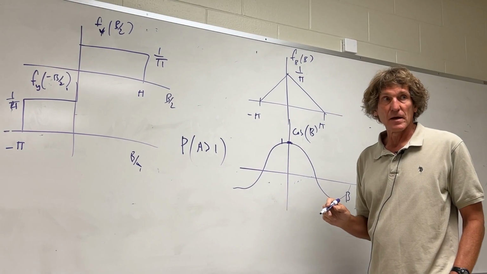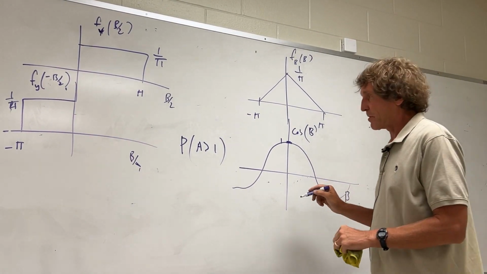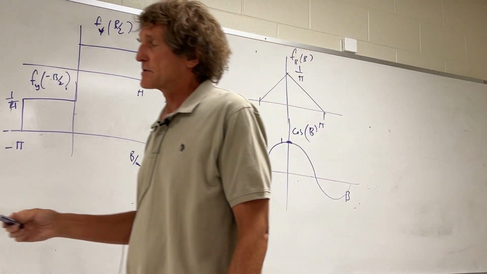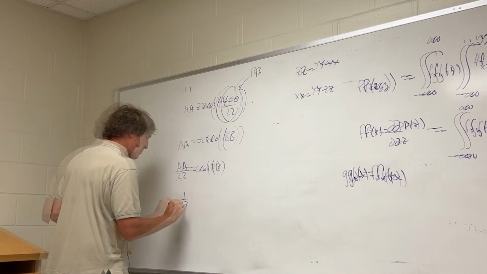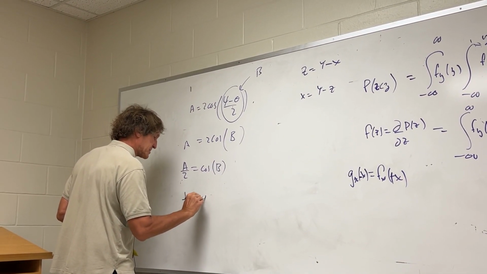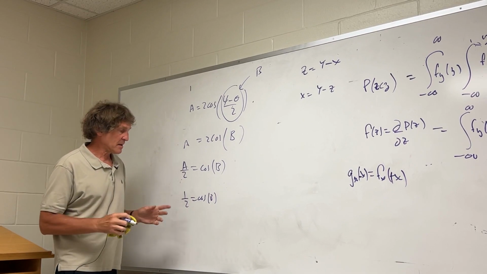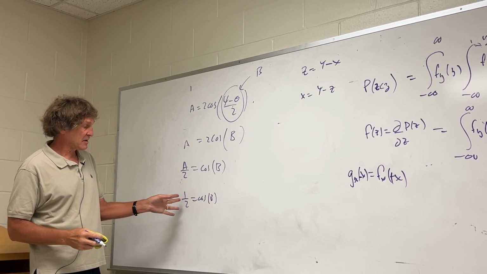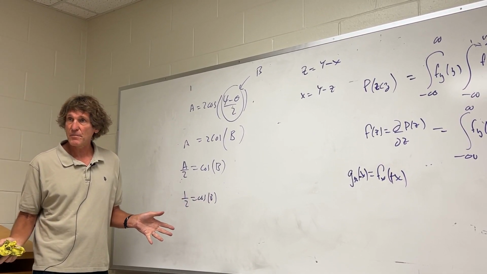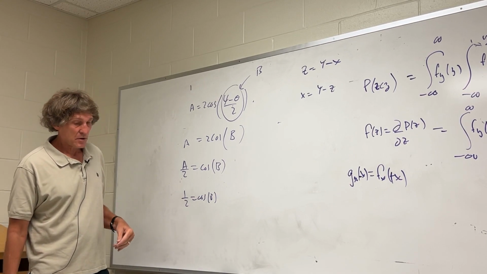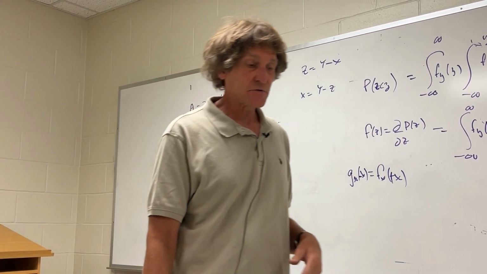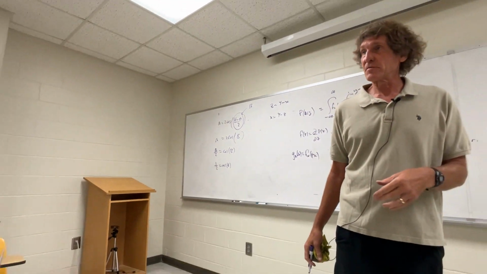You all with me? Now, the only place it's going to be positive, you think about this. If A is 1, 1/2 equals cosine of beta, we want the cosine to be equal to or greater than 1/2. Do you all follow me? Well, cosine of what angle gives 1/2? That's 60 degrees or pi over 3, isn't it?